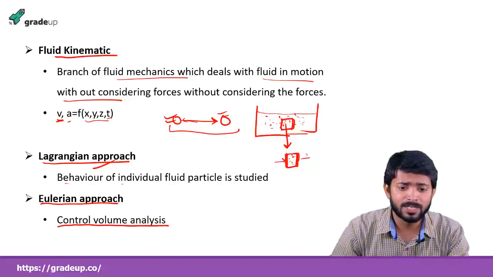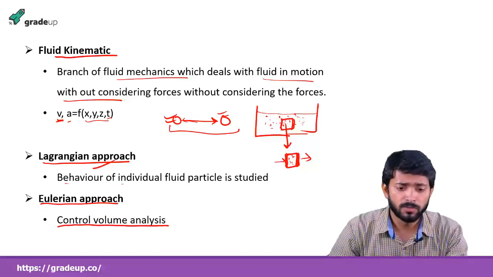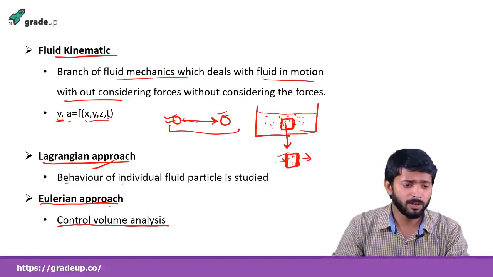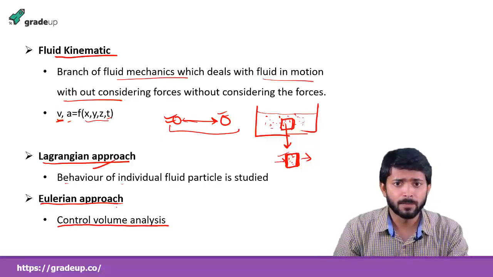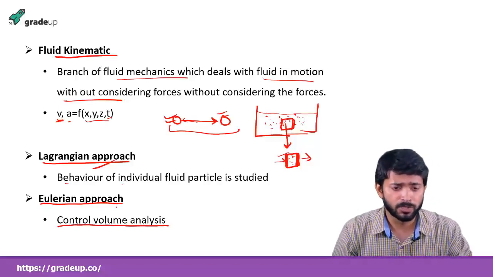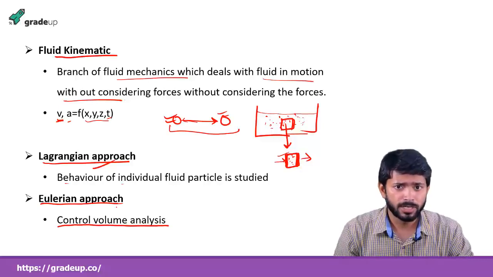So what are the changes that occur in this control volume? This is a fixed volume. What are the inflow of mass and the outflow of mass at that section is studied. This approach is known as the Eulerian approach. So in fluid mechanics, we will follow the Eulerian approach because it is convenient to study.